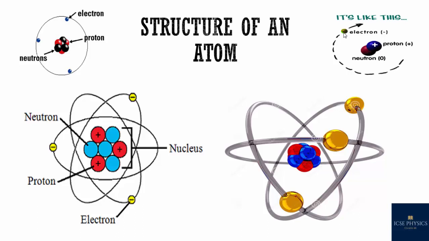But the amount of charge is exactly the same, though the electron is negatively charged and the proton is positively charged. So this is how an atom is arranged. We can also see from this figure that there are many electrons revolving around the nucleus in definite orbits.